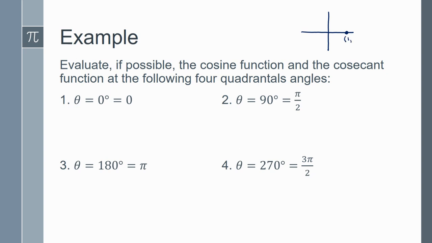So 1 unit away would make it at the ordered pair 1, 0. Then up here would be another point for a quadrantal angle. 1 unit away would be 0, 1. Then over here, this is a quadrantal angle at -1, 0. And then down here, it would be at 0, -1.